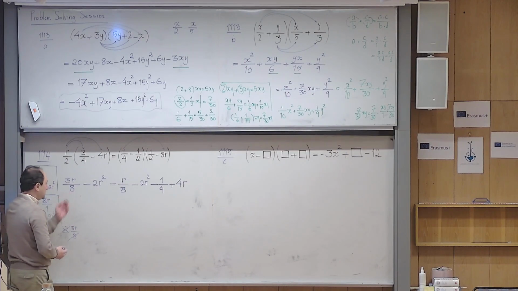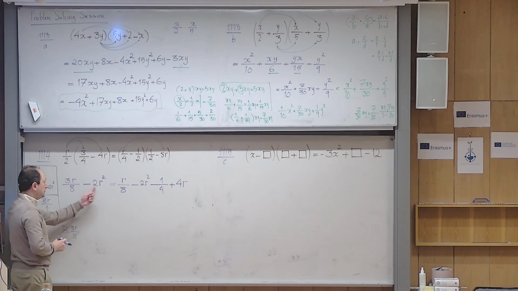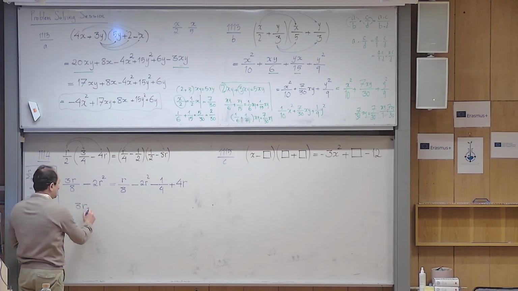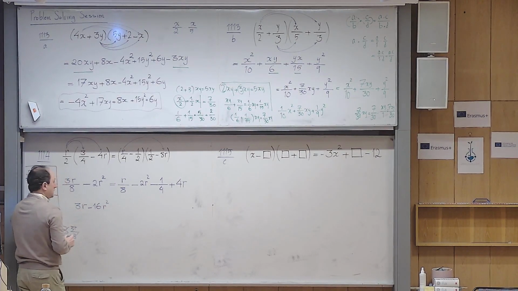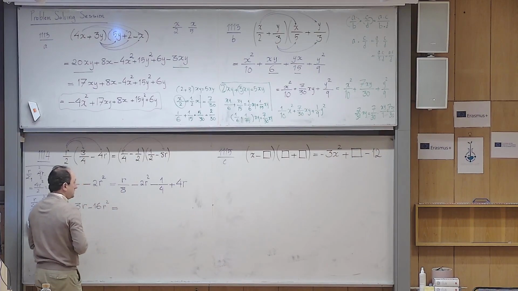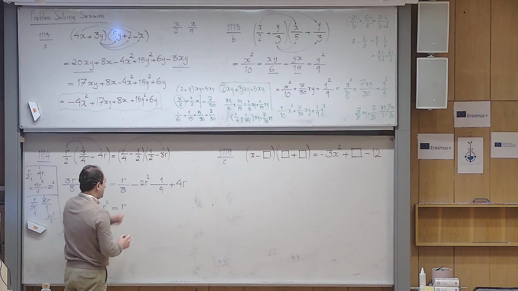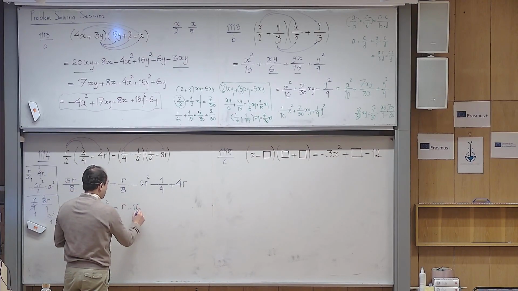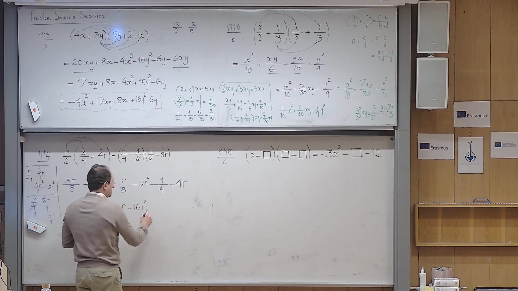If I multiply this by 8, it becomes 16, minus 16r squared. And then the equality sign. I multiply this by 8, it is r. I multiply this by 8, minus 16r squared.